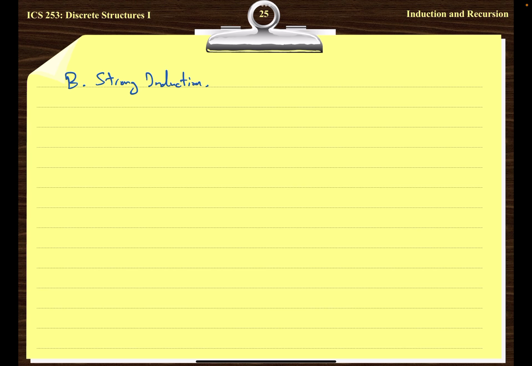Now, starting first with the basis, let's for now do the basis that we did in mathematical induction, P12, right? P12 is basically 3 times 4 plus 0 times 5, which is equal to 12. So this is correct. And I'm gonna leave some space, and let's go to the inductive step.